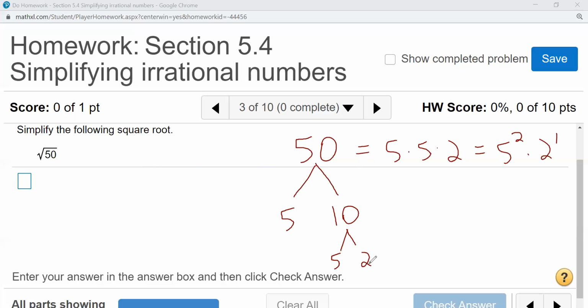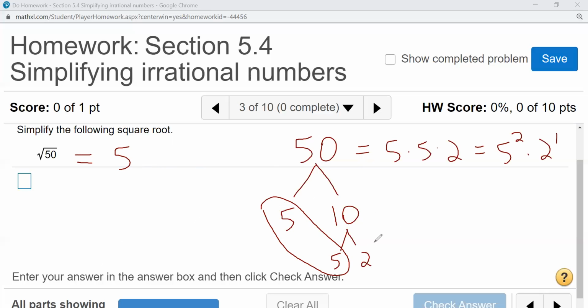You can write it like that. Now, once you have the prime factorization and we know we're simplifying square roots, you circle any pairs of factors. In this case, 5 is paired up with another 5. Anything you circle, you're going to bring outside of the square root, but you only need one representation of it, because what you're secretly doing is taking the square root of 5 times 5, which knocks one of those 5s out.